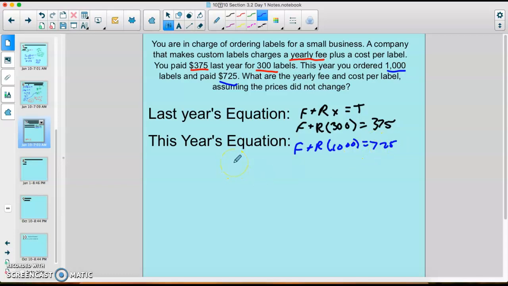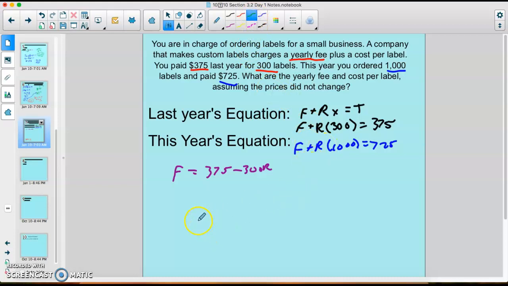Okay, so I'm going to solve one of these for f, and then we'll plug it in. So this is really 300r, right? So I'm going to just do this one. So we get f equals 375 minus 300r. I solved it for the first one up here. Okay, so now every time I see an f, I'm going to plug in this equation.